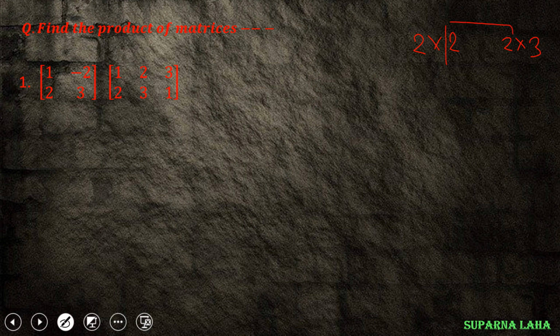These two numbers are the same, that means multiplication is possible and the order after multiplication is 2 cross 3. Now let's multiply. First row with first column: 1 into 1 minus 2 into 2.